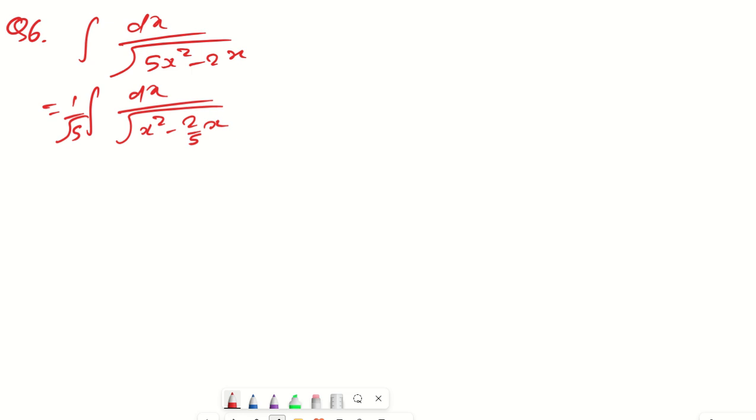Now this particular term x square minus 2 by 5 x, we can convert it in terms of x minus a whole square, something like that. So what we can write here, let us say, x square minus 2 times a into b. So I can write it down as 2 times 1 by 5 into x.